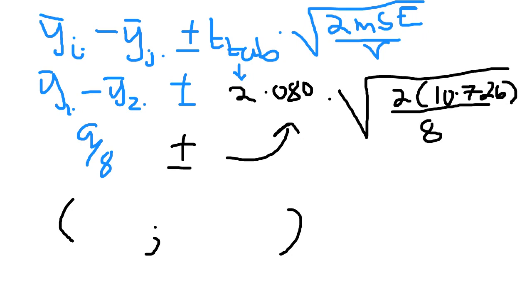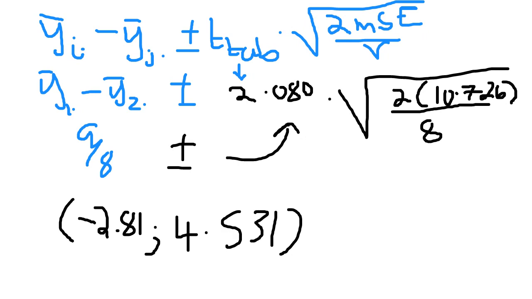I just did the example for the treatment only. Yeah, someone has the answer. Negative 281, okay, the lower part. Then the upper part is 4.531. Thank you.